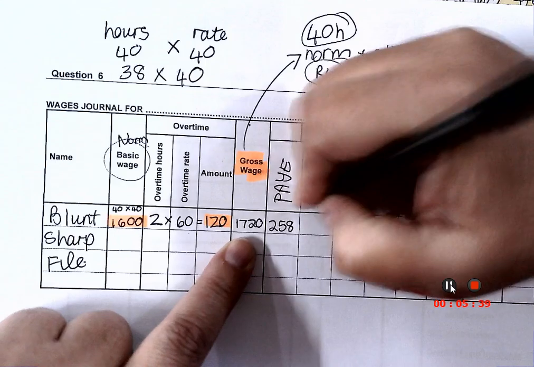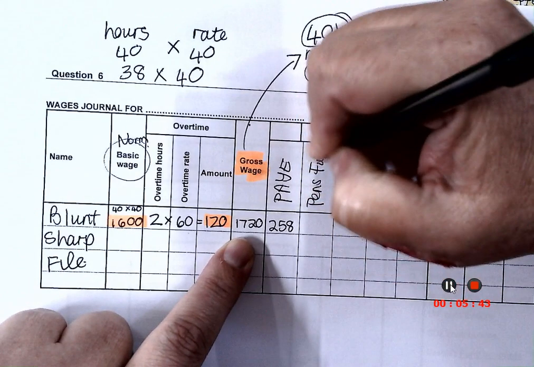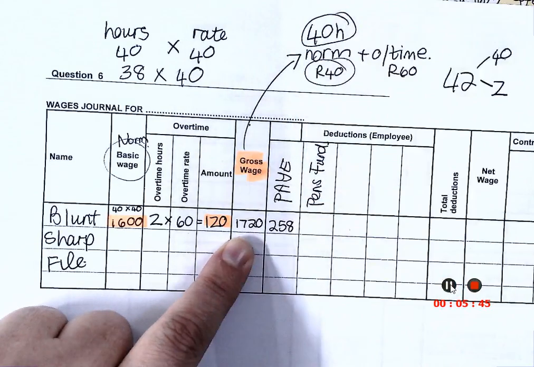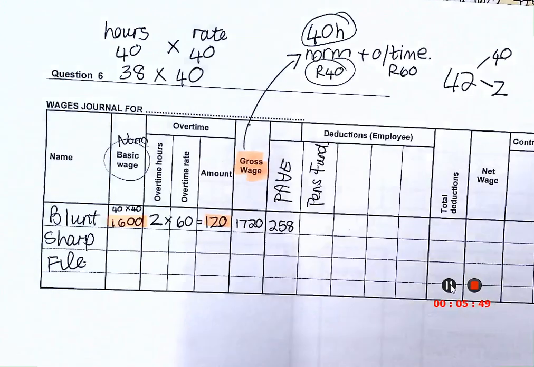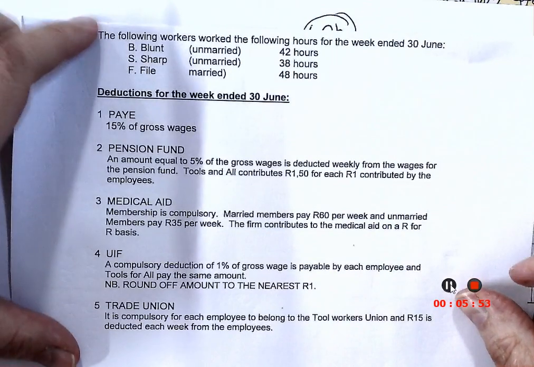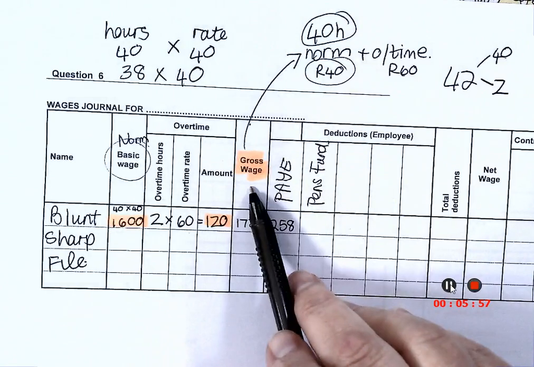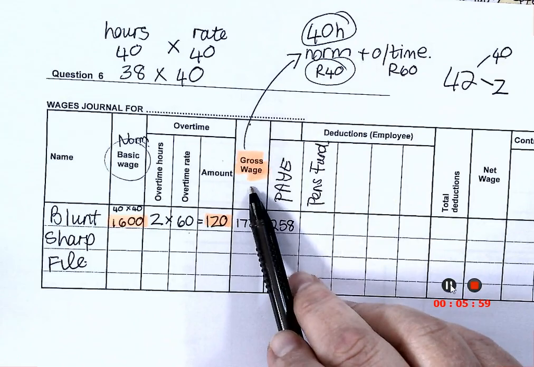Pension fund. So I write here pension fund. You have to read what they say, because sometimes they will say basic and sometimes they'll say gross. Can you see this is of the gross? So it's the overtime included.